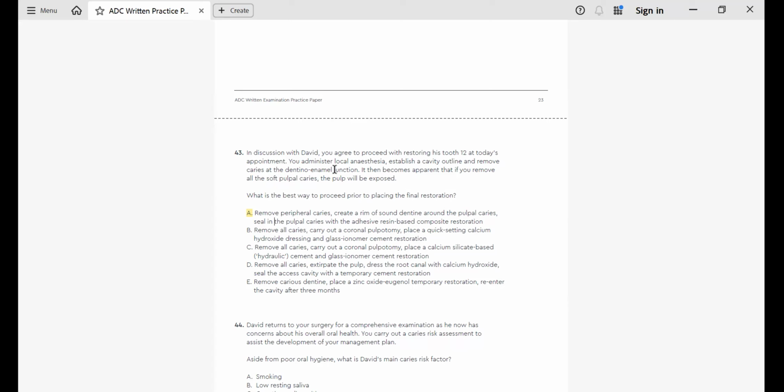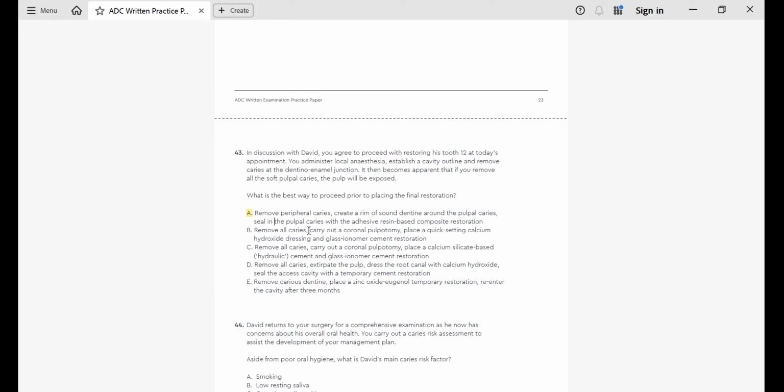B says carry out coronal pulpotomy. C says carry out coronal pulpotomy. D says start RCT. E says remove carious dentine, re-enter the cavity. We don't want to re-enter the cavity again. So if we are trying to be conservative, protecting the pulp, it's going to be only A, right?